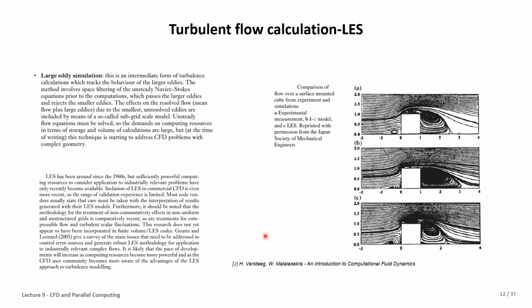The effect on the resolved flow, which is the mean flow plus large eddies, due to the smallest unresolved eddies, is included by means of the so-called subgrid scale model. Therefore, we can say LES presents a result much better than RANS because it captures the detail of the large eddies. However, in this method we are filtering the smallest scales, and we use the subgrid scale model.